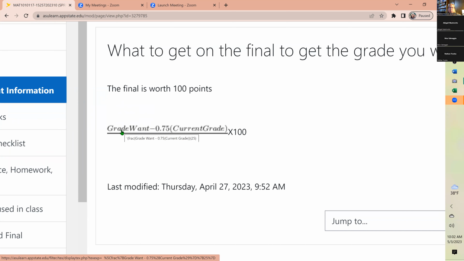If you want a B minus, I forget what the minuses and pluses are. I always pull them up when I'm doing grades, but they're on the syllabus. So if you open the syllabus, it'll show you that. Then this is your current grade. If you calculate this and multiply it by 100, it lets you know what you need on the final. The final's worth 100 points. Any questions on that?